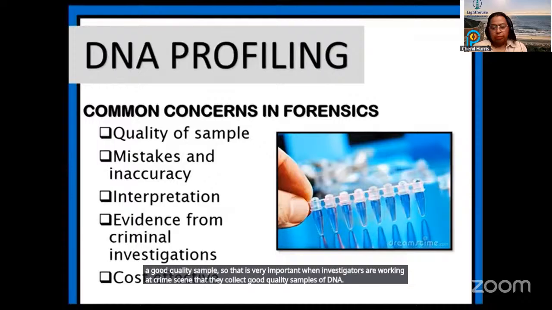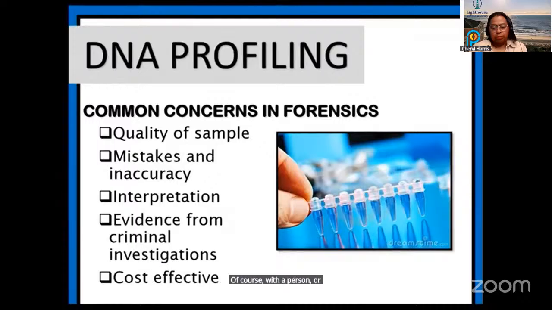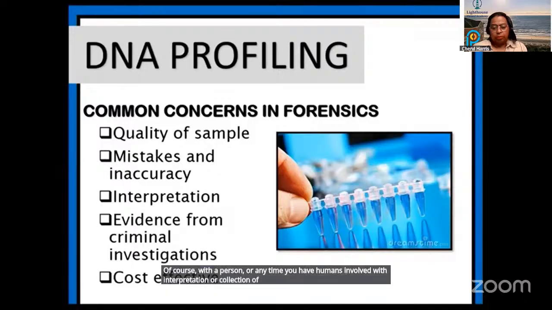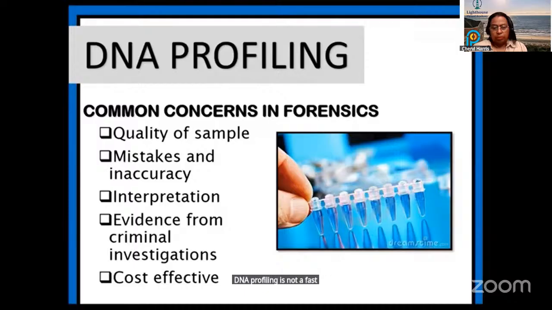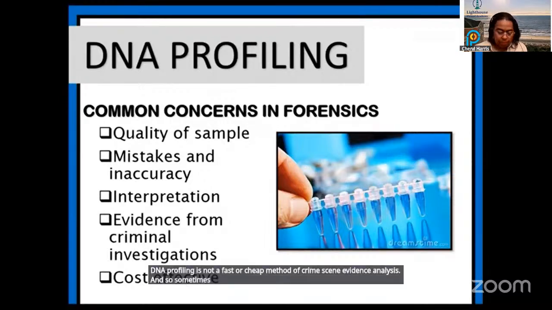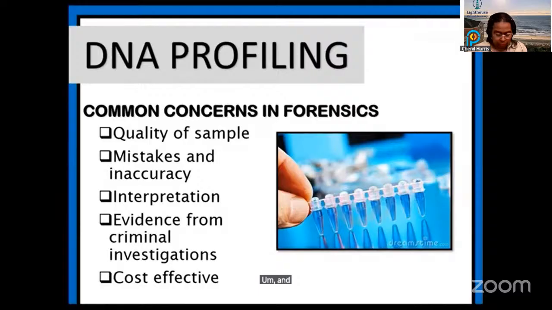Of course, any time you have humans involved with interpretation or collection of evidence, there are different mistakes and inaccuracies. Also, DNA profiling is not a fast or cheap method of crime scene evidence analysis, and so sometimes the labs are backed up. Sometimes you have to wait a long time for DNA profiles to be developed, and they are very expensive.